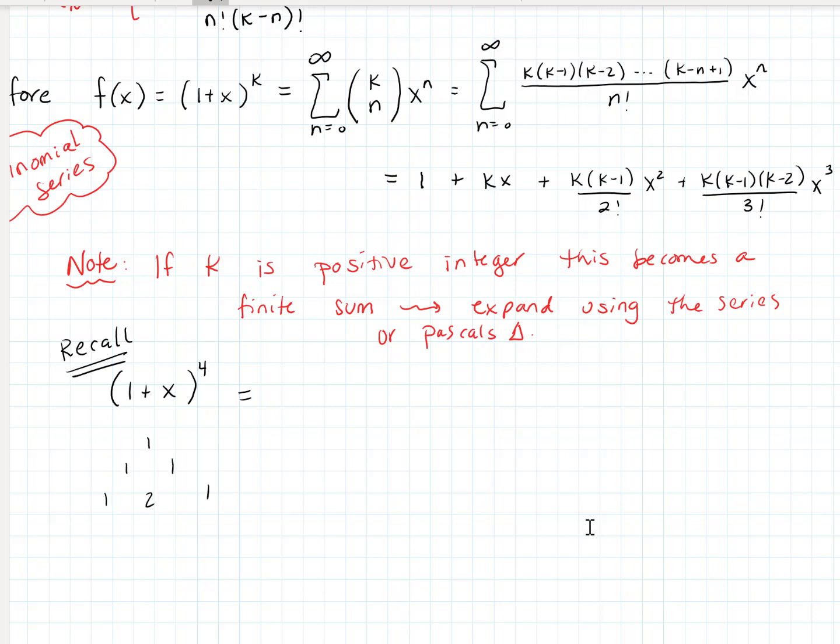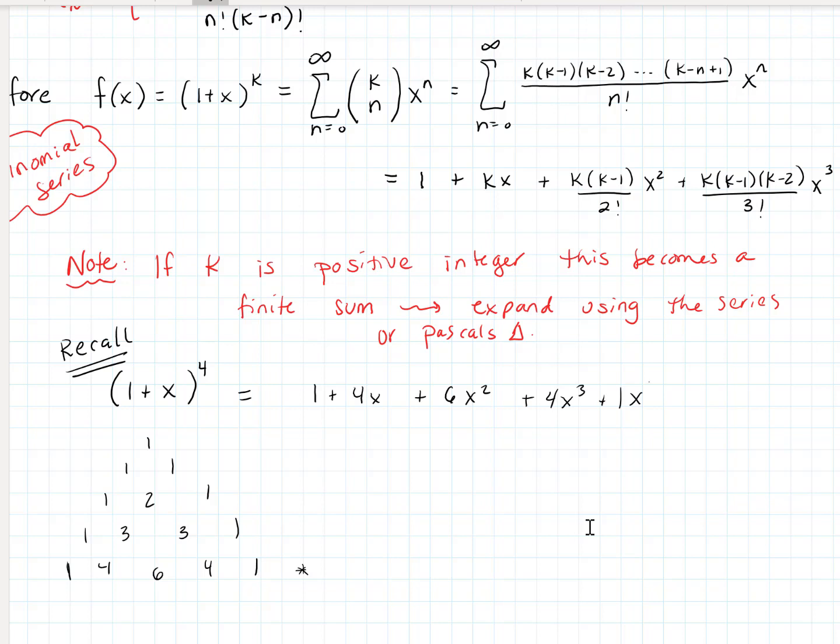That is a topic for another day. So continuing with Pascal's triangle, this is the line we need if we're going to go out to the 4th. These are the coefficients we would have, and this would be 1 plus 4x plus 6x squared plus 4x cubed plus x to the 4th, if we were to expand this out.